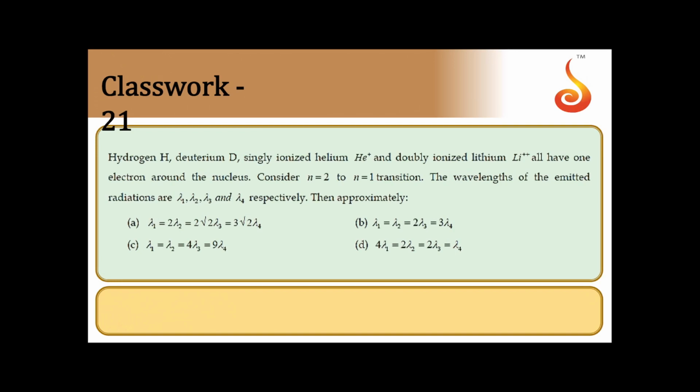So lambda 1 is for hydrogen, lambda 2 is for deuterium, lambda 3 is for helium plus, and lambda 4 is for doubly ionized lithium. Now what is the relation connecting them?